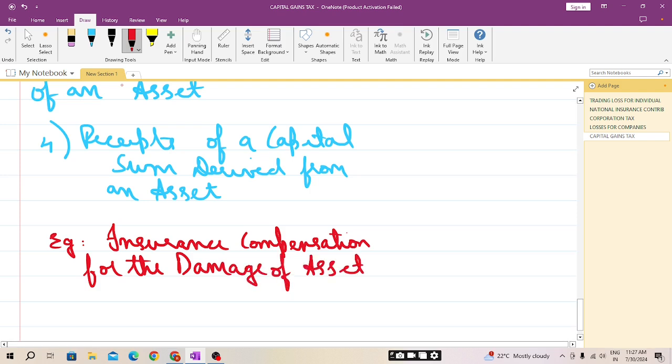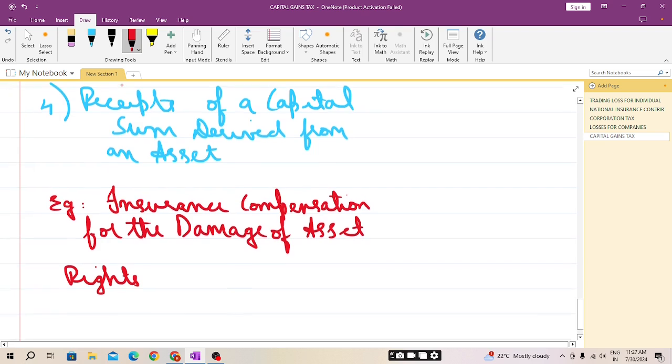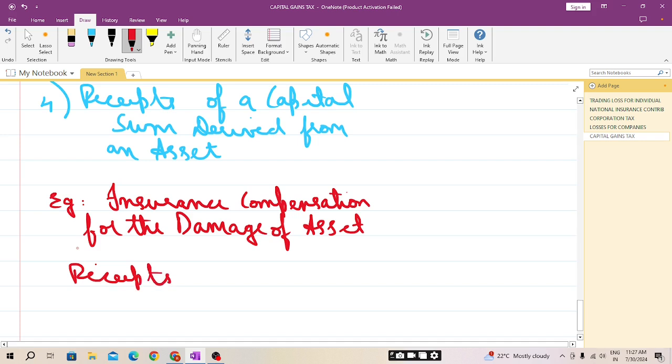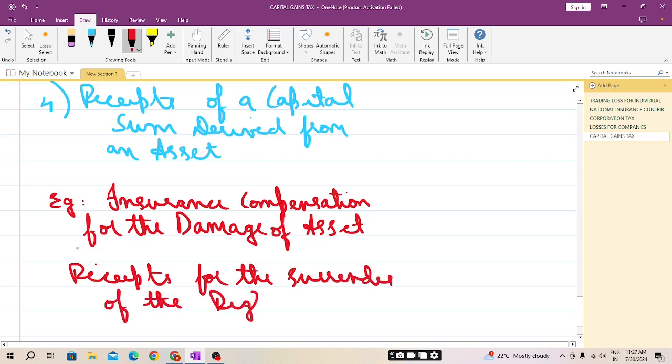Then students, we had seen receipts for the surrender of rights. I hope this is clear.